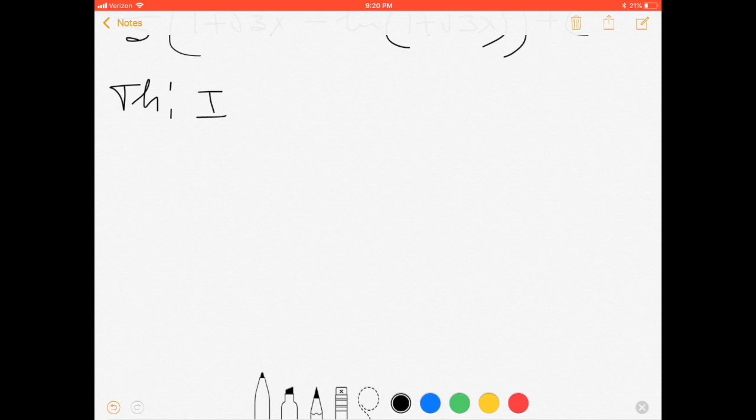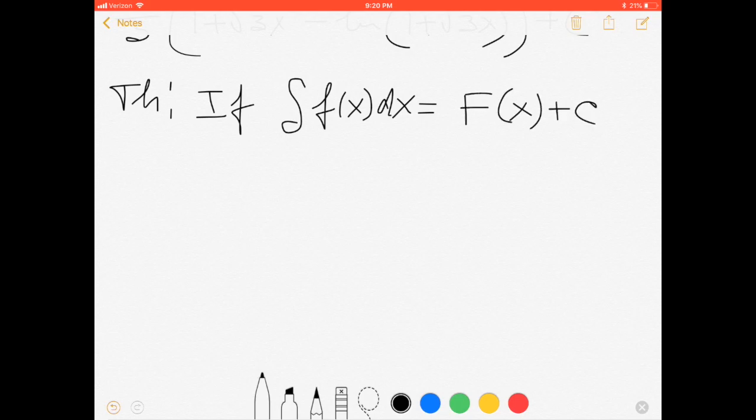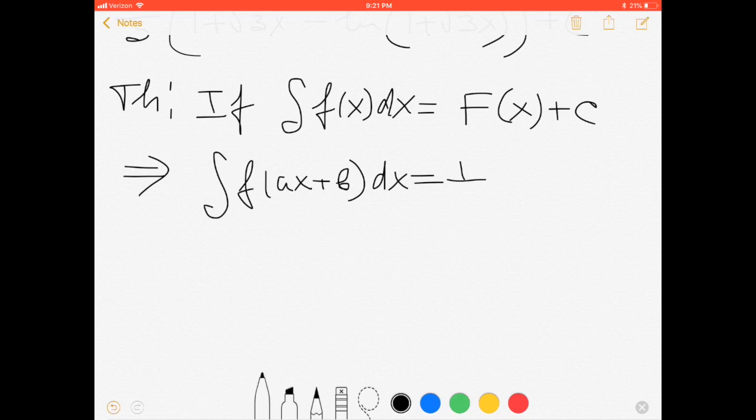If the integral of f(x) dx equals big F(x) plus c, then the integral of f(ax plus b) dx equals 1 over a times F(ax plus b) plus c. First we prove this theorem, especially since we don't have it in the book.